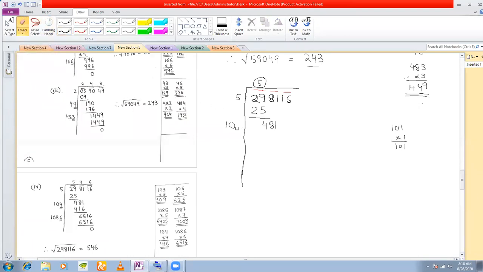We'll try 2. 102 into 2 will give you 204, which again is way less than 481.